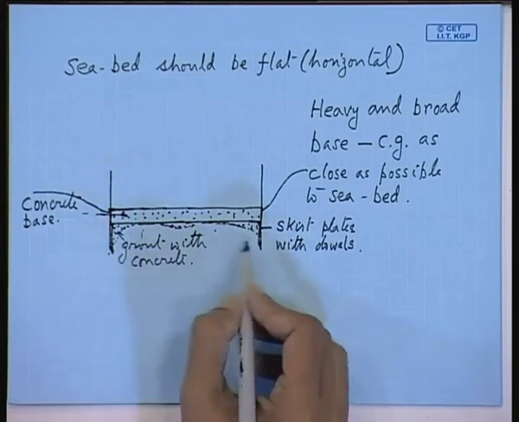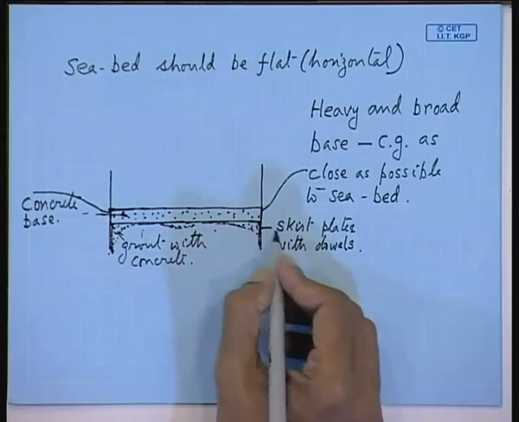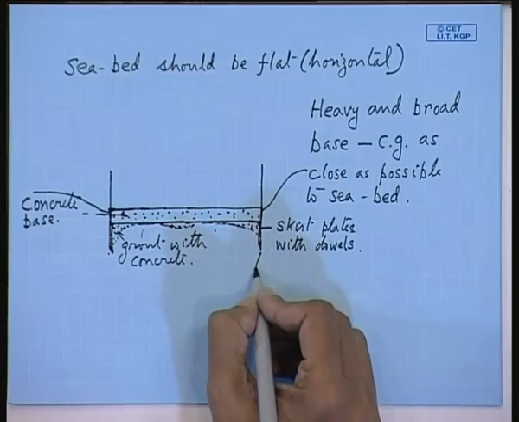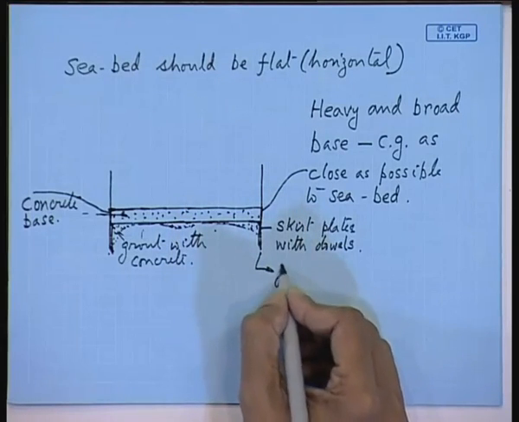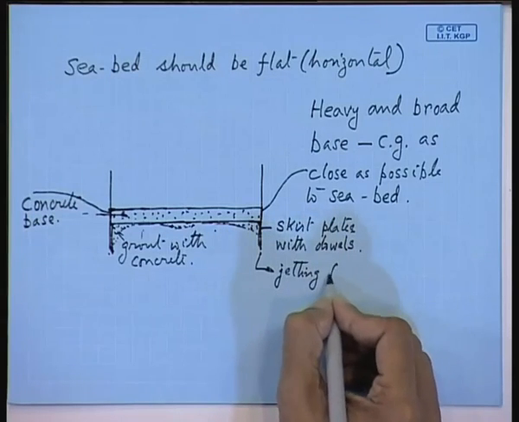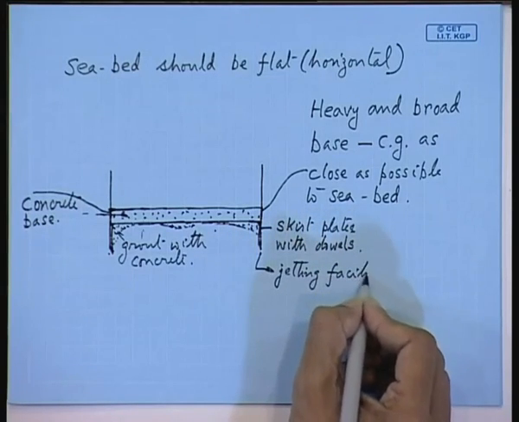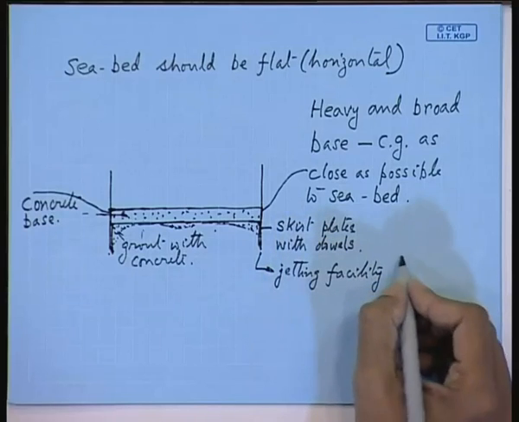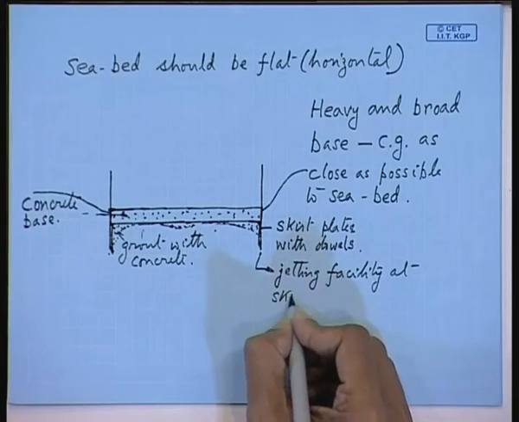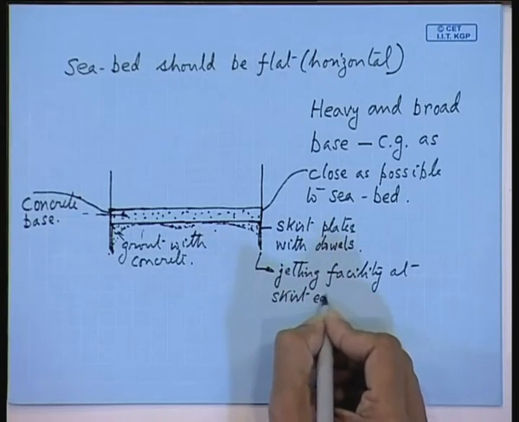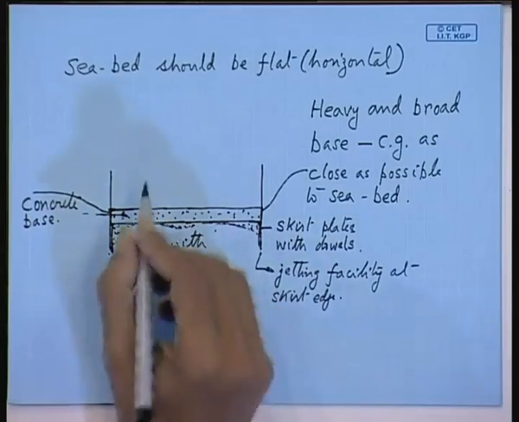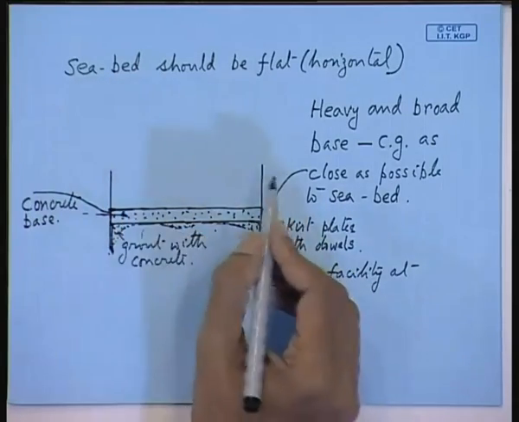Now sometimes this is not possible, so you have to remove this soil by what is called a jetting facility at the skirt edge. So these are normally done. Anyway, this is part of the structure.